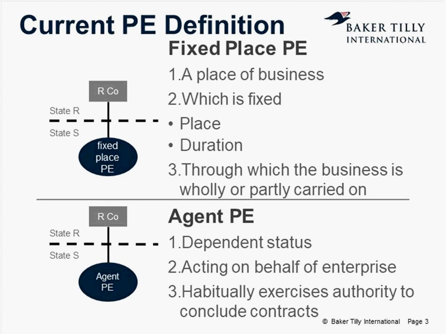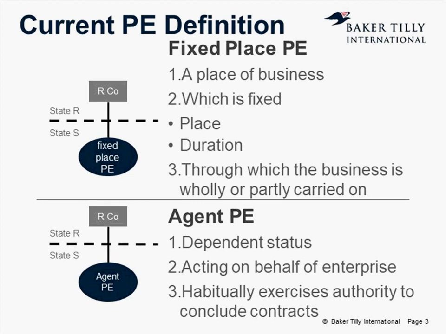That means the core business of the company has to be provided by the fixed place of business. If all the criteria are met, then the company creates a PE by a fixed place of business in the foreign country.